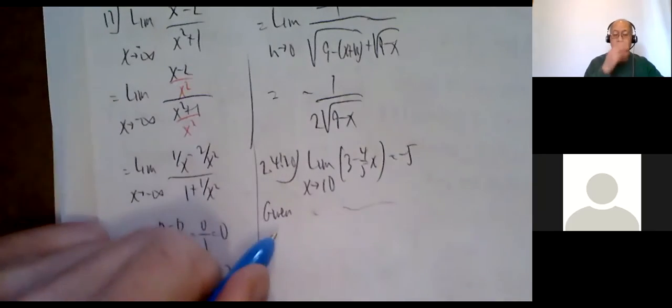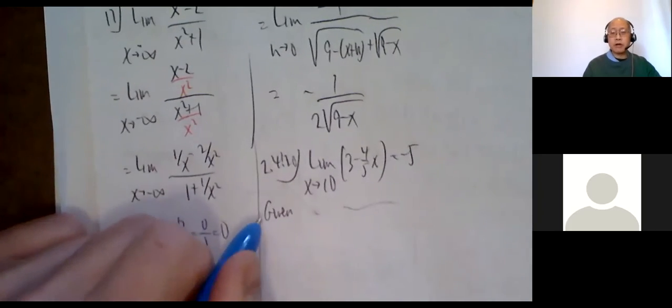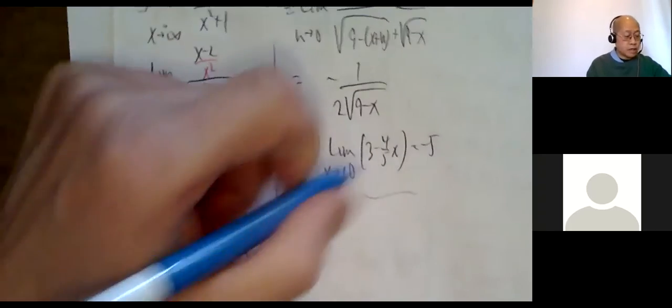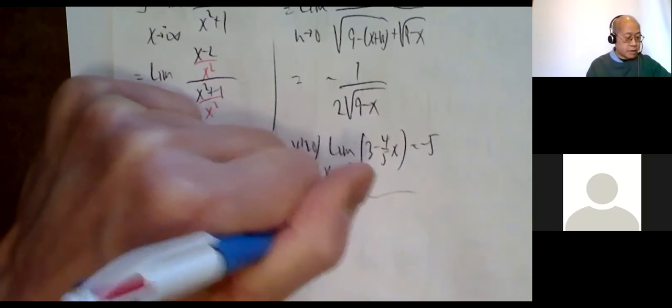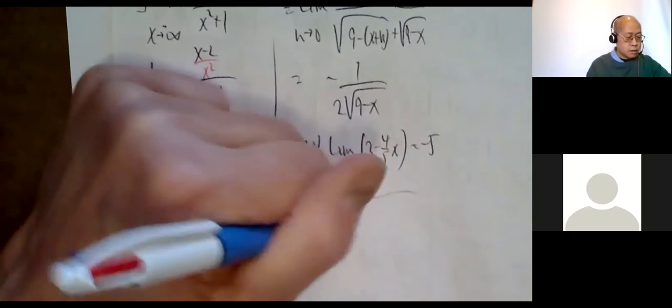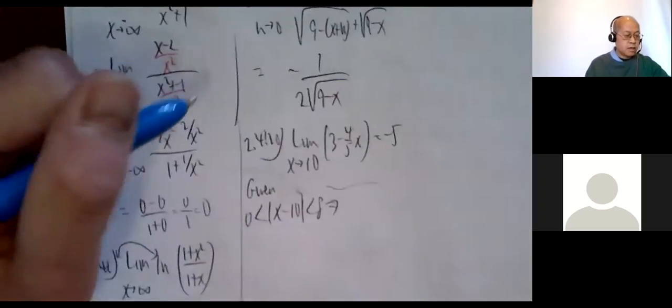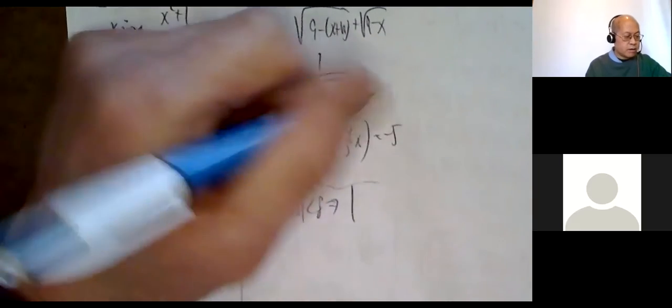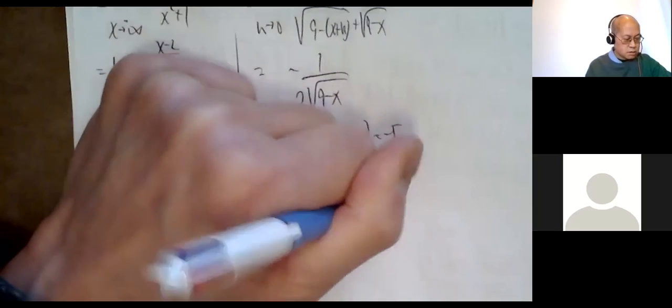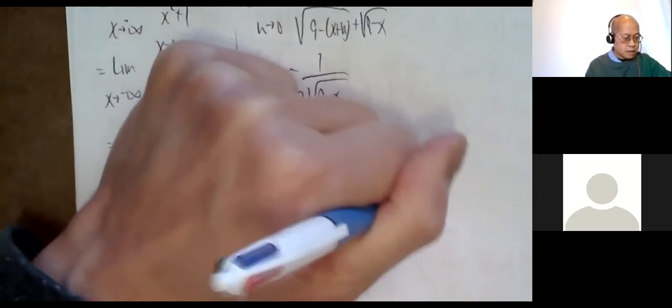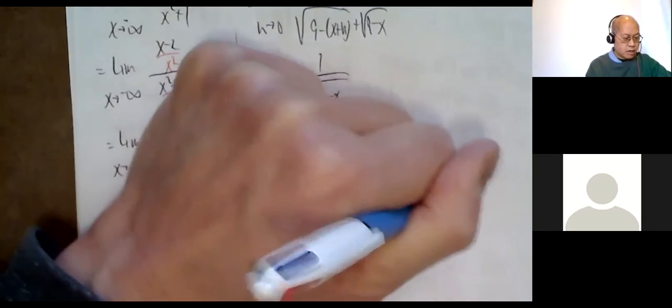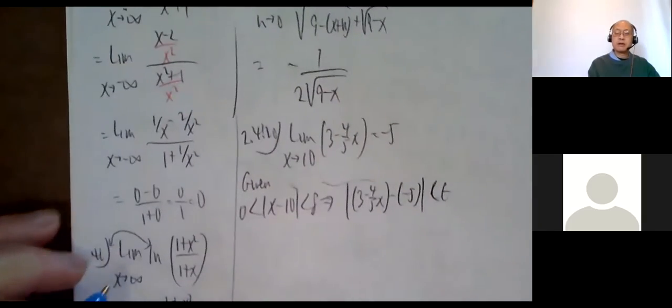Given, etc. I'm not going to let you skip writing given tomorrow. You have to write the whole thing, but now I want to save time. 0 less than absolute value of x minus a less than delta implies absolute value of the function minus the limit, minus negative 5, is less than epsilon.